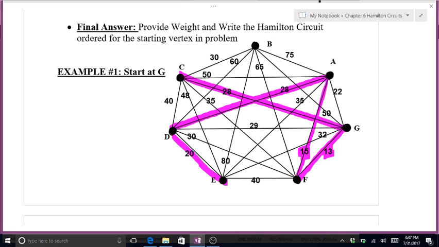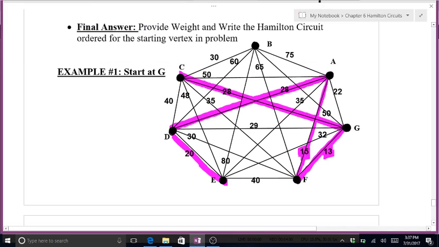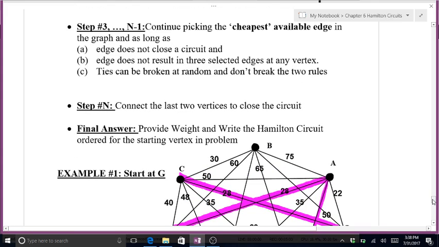Our next smallest one looks like it's this line here that connects D to G. Hold on, let me switch colors here because I can't use this line, so just pay attention. D to G right here. Remember, if we go back up and look at it for a second. Part B.